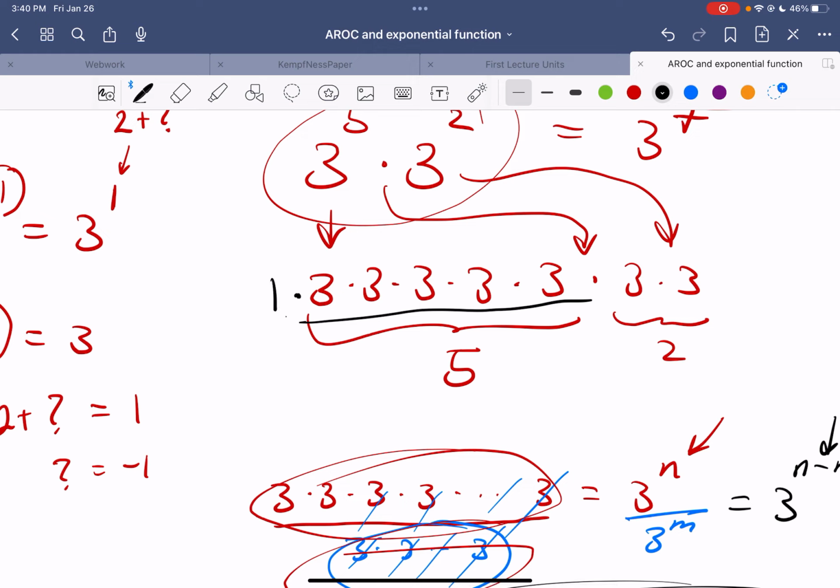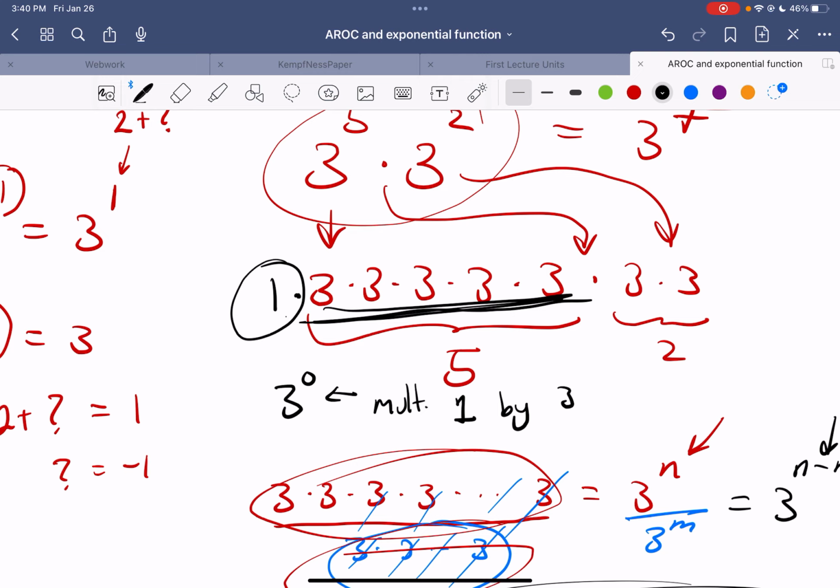So it's how many times we multiply the number 1 by 3, okay? And by making that little slight change, now, if I talk about 3 to the 0, this is saying multiply 1 by 3 0 times. Okay, fine. 1, that's what you'd get.